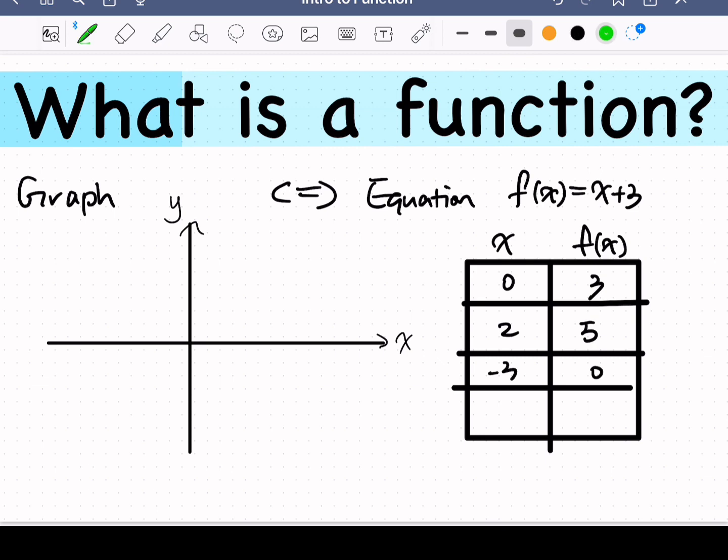So you can just pick a limited number of points, plot them on the xy plane, and then connect them using a smooth line. So (0, 3), (2, 5), (-3, 0). Once you connect all of these three points, you are going to get a straight line like this. Then this line represents the function f(x).